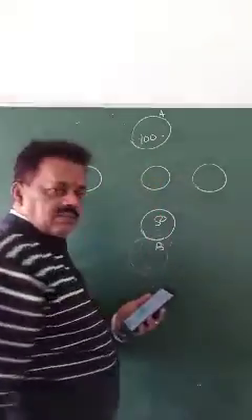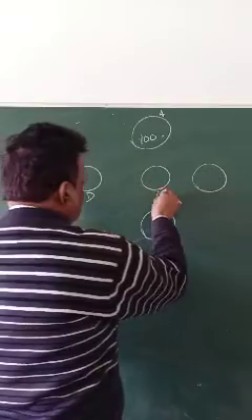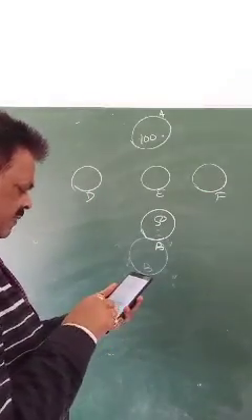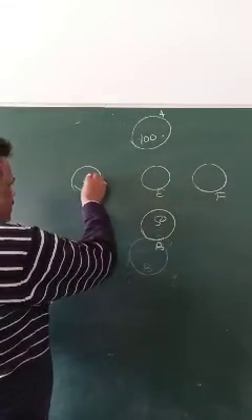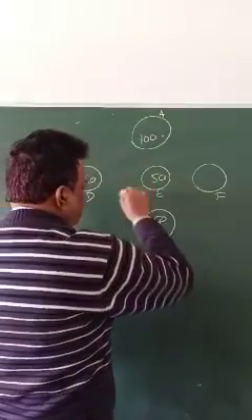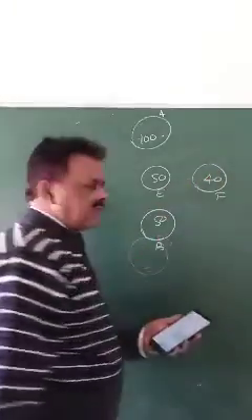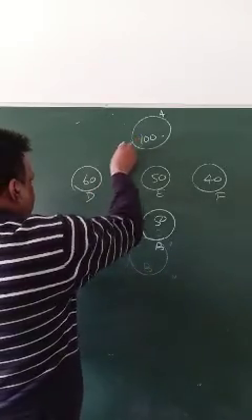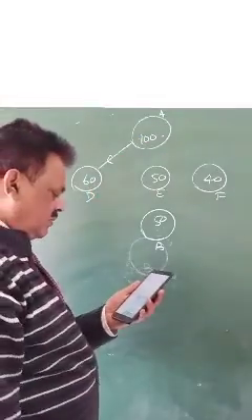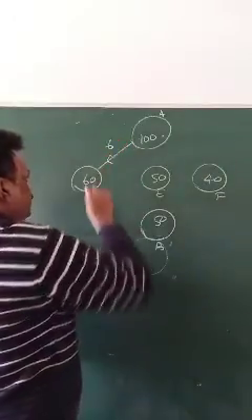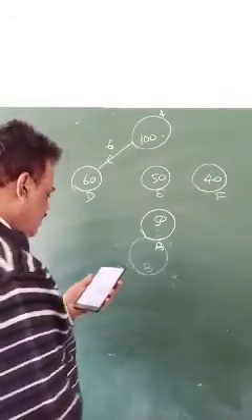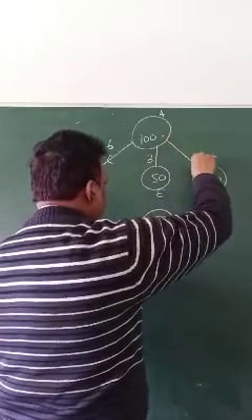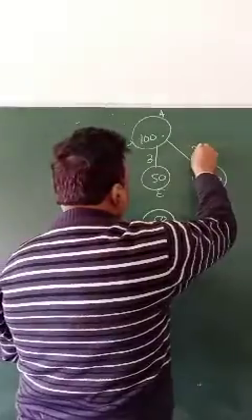Requirement for D, E, F is 60 quintals, 50 quintals, and 40 quintals. Now cost: A to D cost is 6 rupees, A to E is 3 rupees, A to F is 2.50.